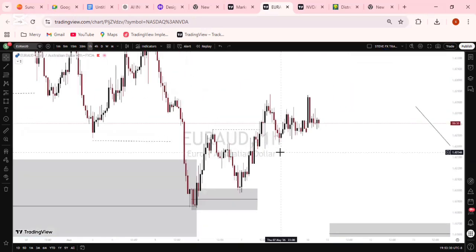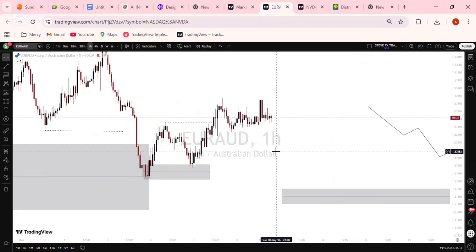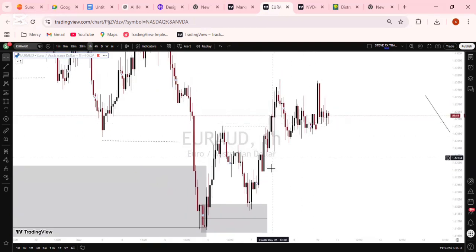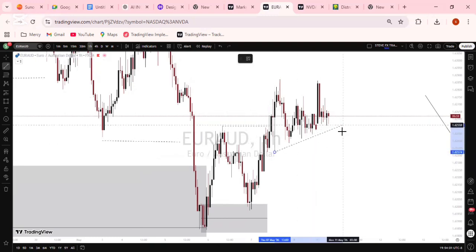So with EUR/AUD, currently, if we are looking for a point of interest to trade from, considering our checklist for a valid break of structure, we said that our valid order block must break structure and also have liquidity. So we are having liquidity. This is a liquidity.